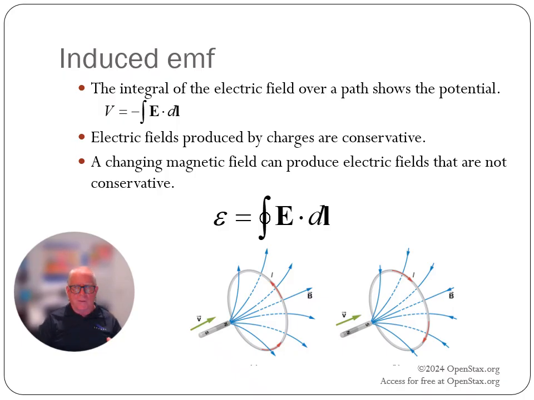The displacement times the electric field should give us a potential. So if there were just electric fields here, no magnetic fields to concern with, this would add up to zero because the electric field is conservative. But it's not going to add up to zero if there is a changing magnetic flux present. So that's what we mean when we say there's going to be an EMF produced. And so now we have all the information we need to actually say Faraday's law.